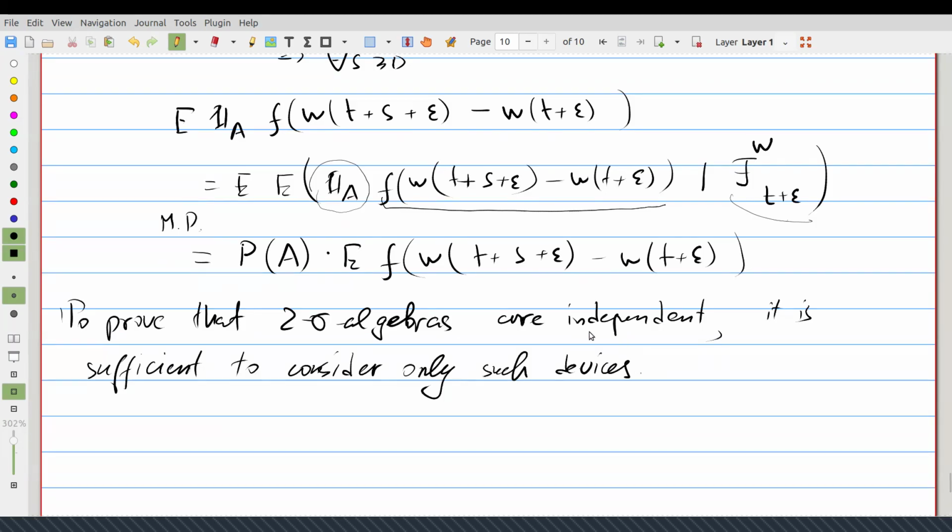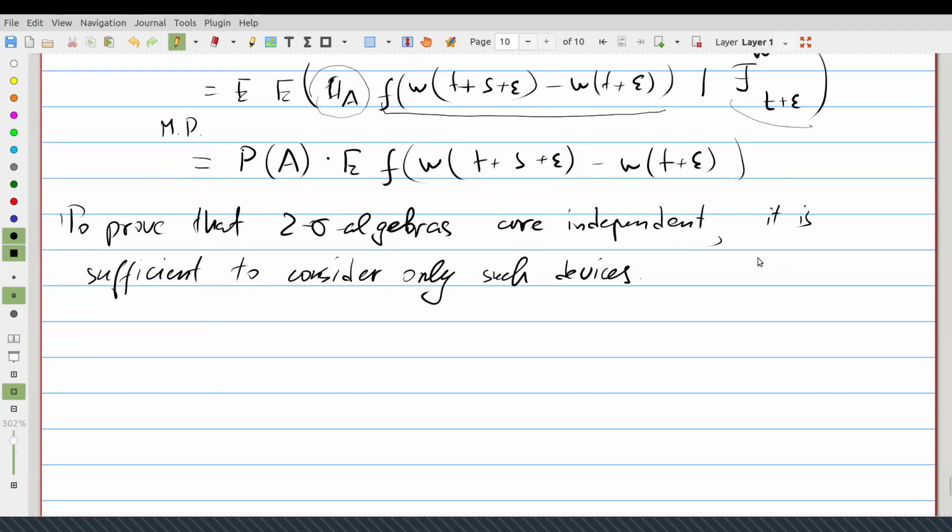We are effectively proving that the sigma algebra generated by the Wiener process up to the time t, and the sigma algebra generated by all shifts of what happens after, are independent. So these are our two sigma algebras. And the proposition I'm referring to here subsumes these sigma algebras.